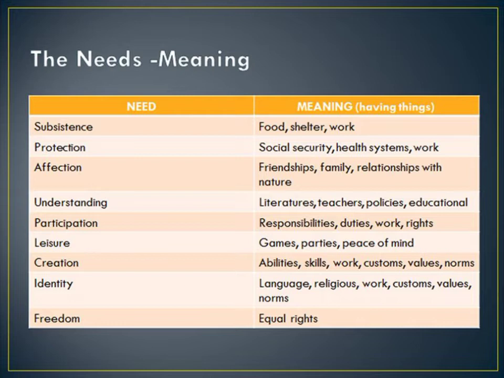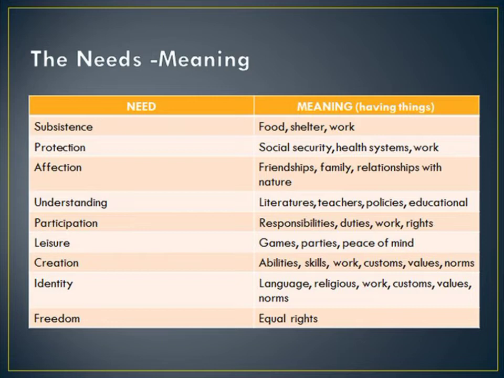For the need of understanding, we have literature, teachers, policies, and education. For the need of participation, having things like responsibilities, duties, work, and rights. For the need of leisure, we have games, parties, and peace of mind.